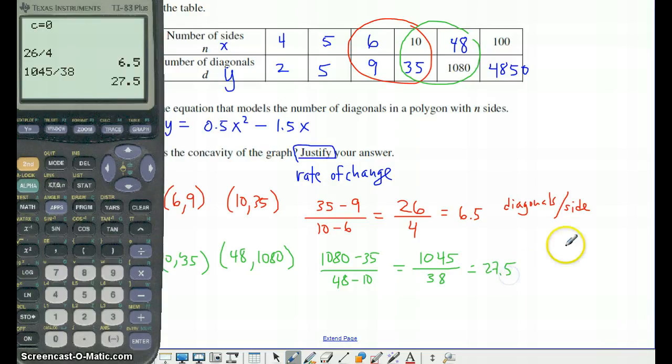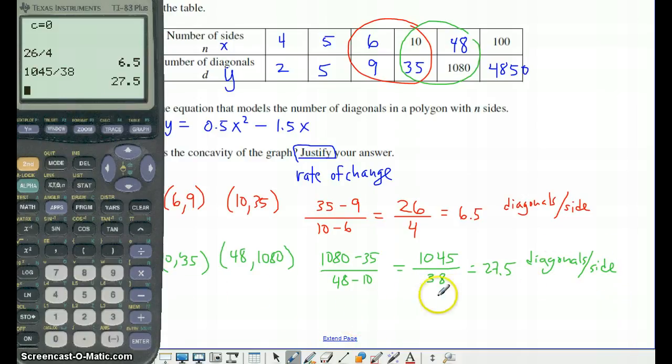So as you can see, as you get more and more sides, you add on more and more diagonals at a faster rate. So you're getting more diagonals per side as you add more and more sides.